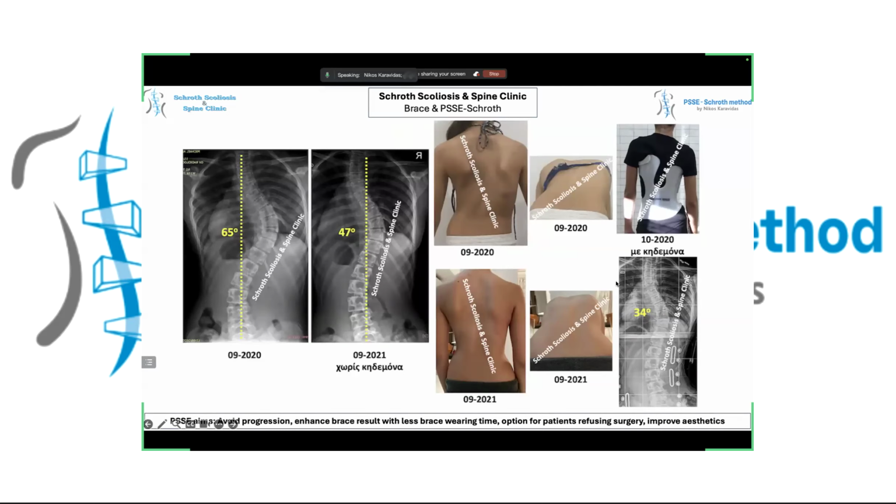And look again at the improvement in the patient's clinical balance and body symmetry, from 65 to 47 degrees. So all severe scoliosis that were recommended for operation, but we managed very well not only to avoid progression, not only to avoid an operation, but to give a very significant improvement for these patients.